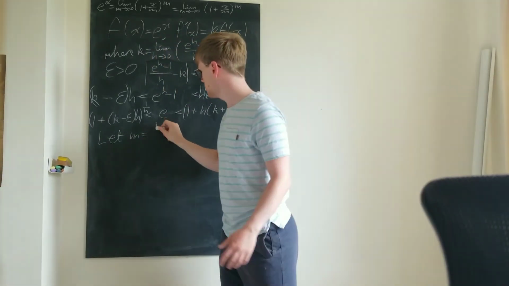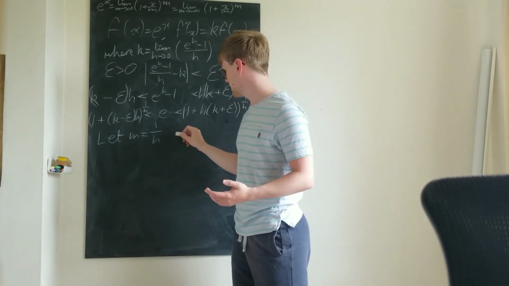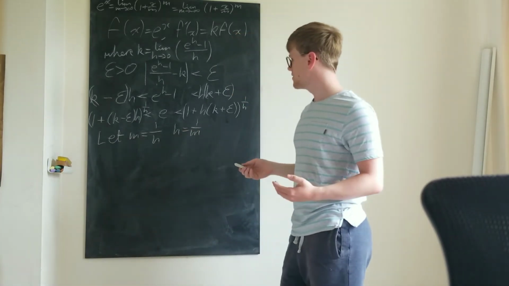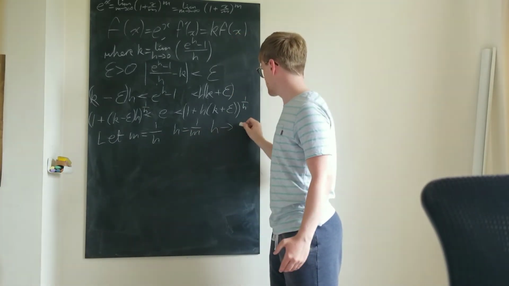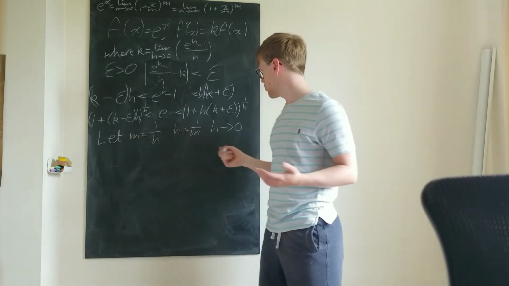Now, if I let m equal 1 over h, this is the same as saying that h equals 1 over m, of course. And h approaches 0. Well, what happens as h approaches 0? m will approach either positive or negative infinity.